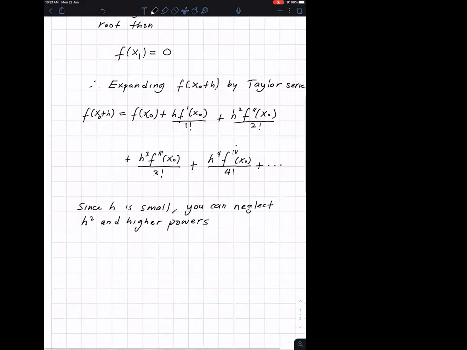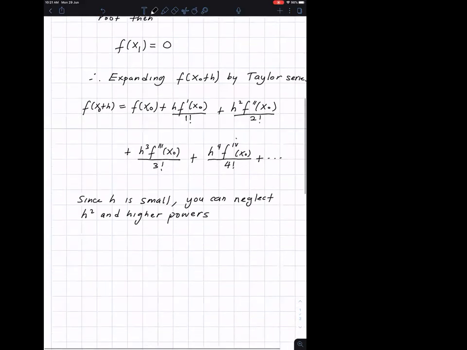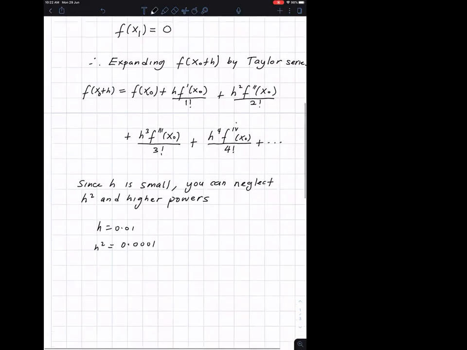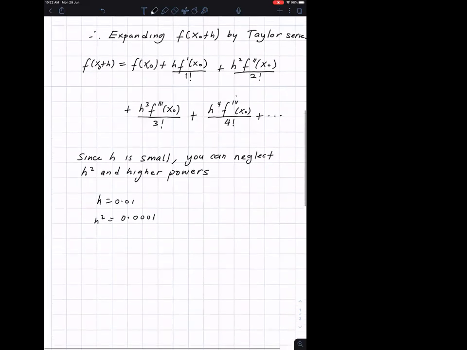For example, if h is a very small number, 0.01 or something, then h squared will be much smaller, isn't it? h squared will be 0.0001. h cubed will be much smaller, isn't it?